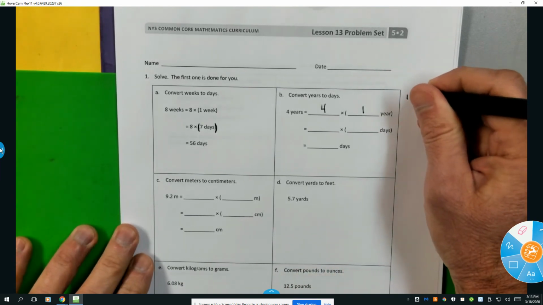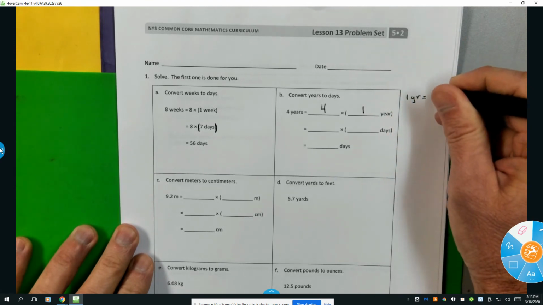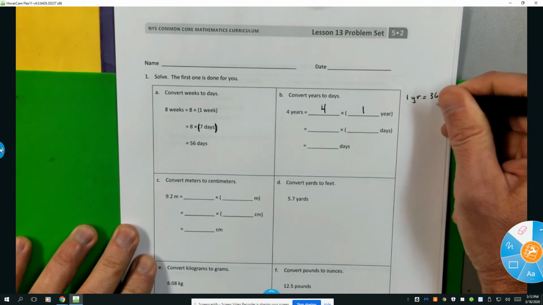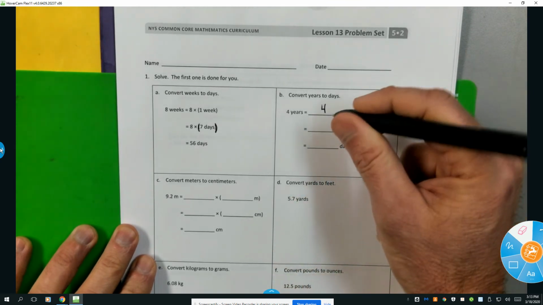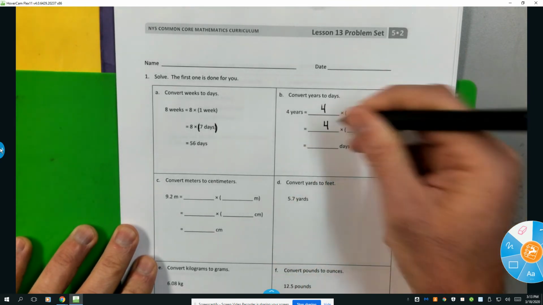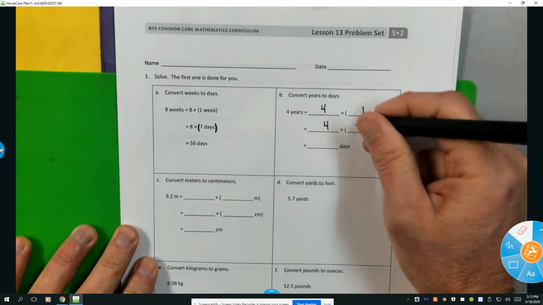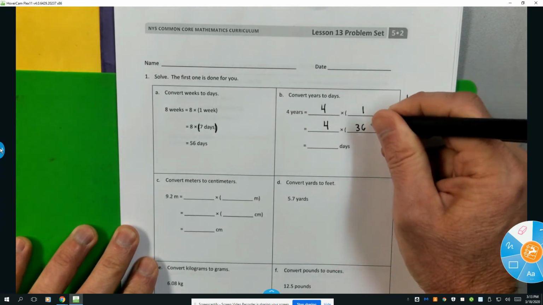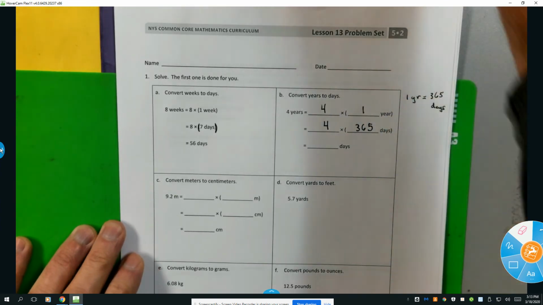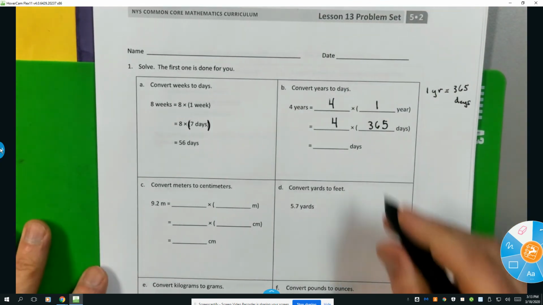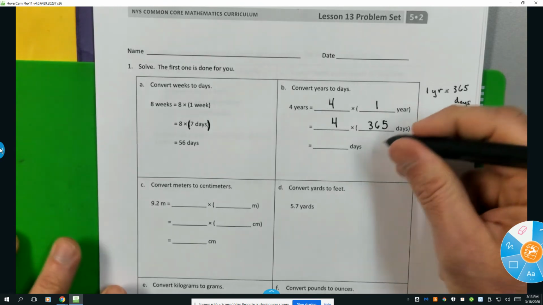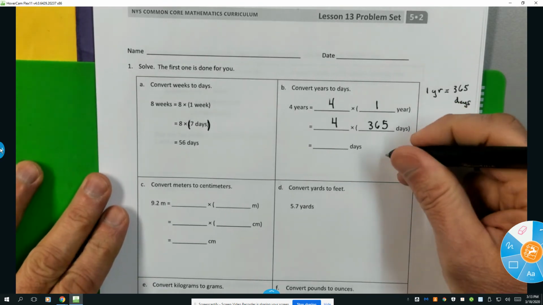So we remember 1 year equals 365 days. So our conversion is going to be the same as 4 times 365 days. I'm going to make this slightly larger for you. So now just over on the side or in the box, you're going to do 4 times 365.